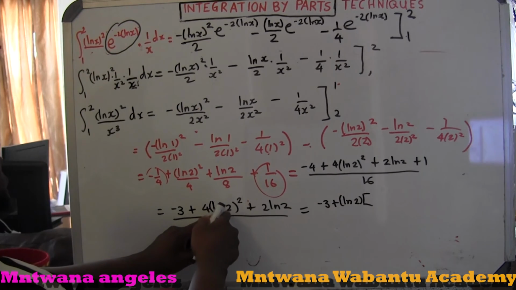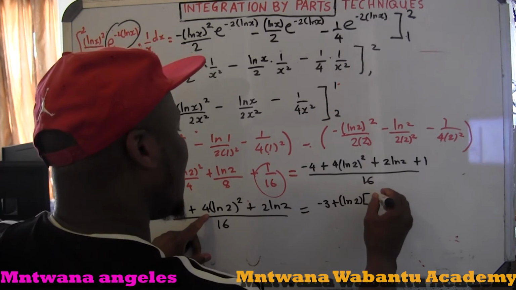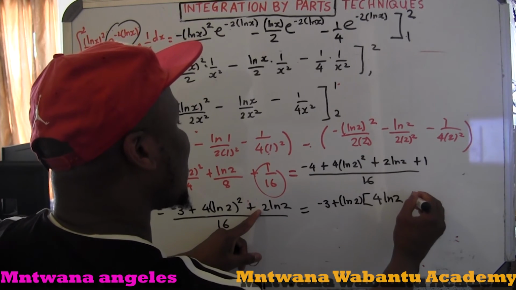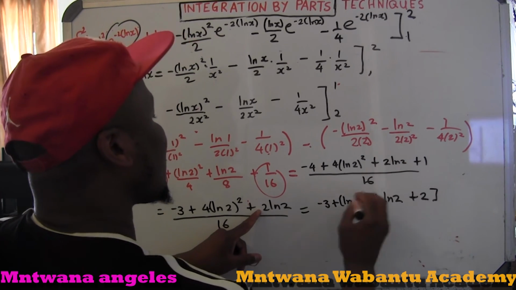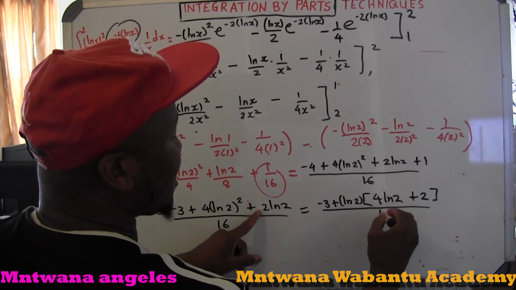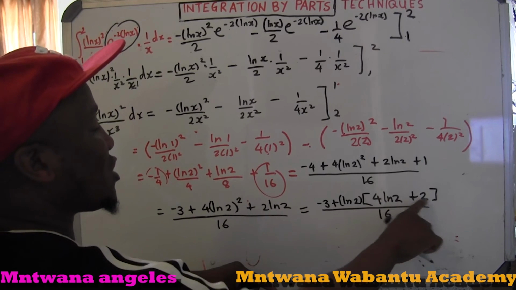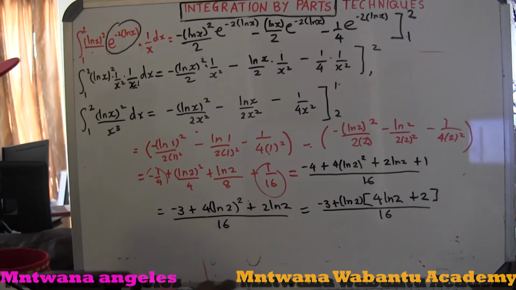If I take ln of 2 out of the first, it's going to be 4 ln of 2, and then in the second, ln of 2 went out, so we're left with 2, all over 16. Also I can take 2 out, because there's a 2 in each term.